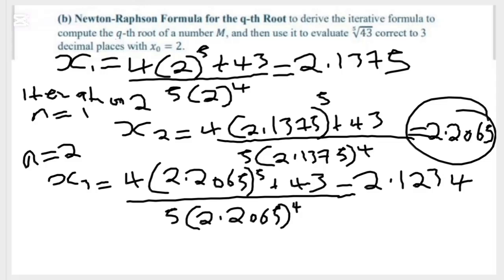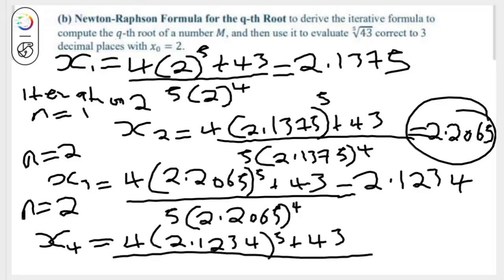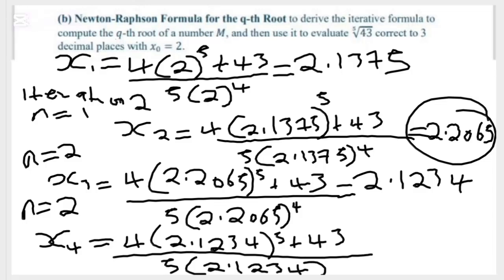So let me move to the fourth iteration. In the fourth iteration, n is equal to 3. So it will now become x4. So x4 will be 4 multiplied by 2.1234 to the power of 5, plus 43, divided by 5 multiplied by 2.1234 raised to the power of 4.